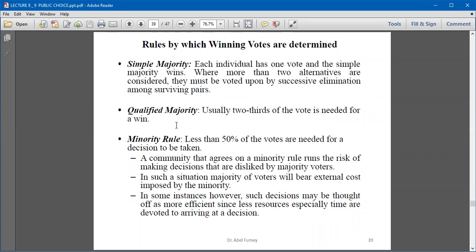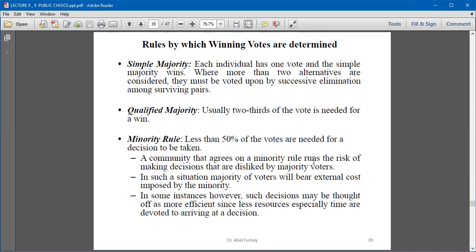And then the minority rule, that one you need less than 50% of the votes to win. Here the disadvantage attached to the minority rule is that the policies that are going to be enacted will be in favor of just a small group of people, and a lot of the voters will dislike the policy.